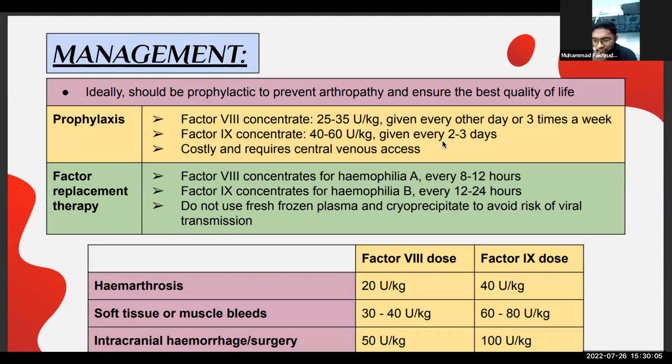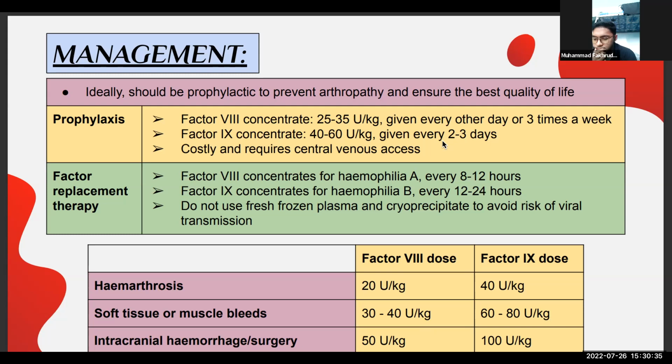For the management, the principle of management for hemophilia is that ideally the treatment should be prophylactic, to prevent arthropathy and ensure the best quality of life. For prophylaxis, we can give factor 8 concentrate for hemophilia A, 25 to 35 unit per kilogram, given every other day or 3 times a week.